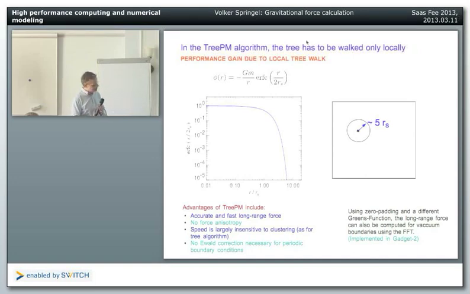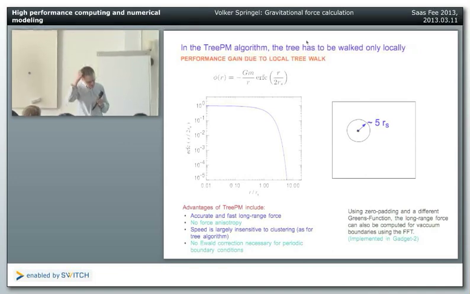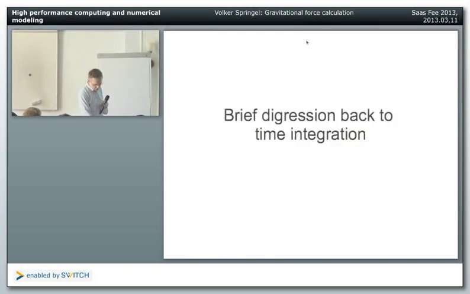And also the speed is then insensitive to clustering because all the clustering stuff is now absorbed in the tree calculation. And the tree itself is also faster than it used to be because you only have to deal with this local neighborhood around the point in your tree calculation. And that's why this is a relatively efficient combination for especially cosmic structure formation calculation in the dark sector.